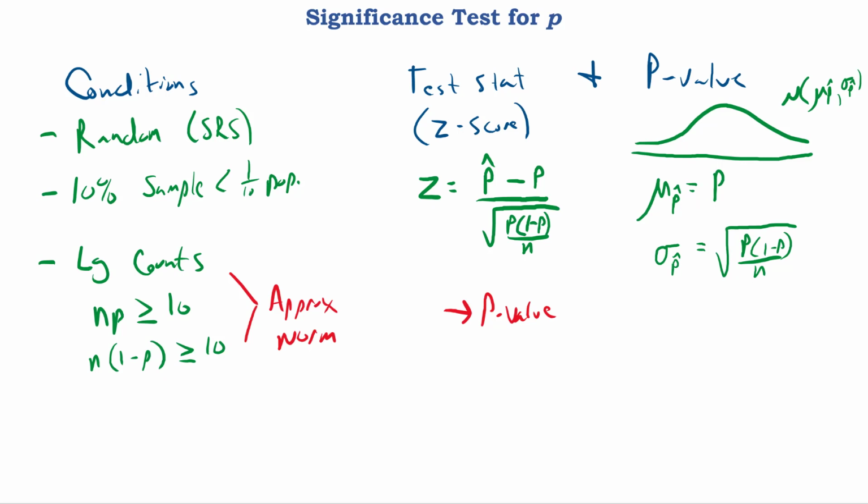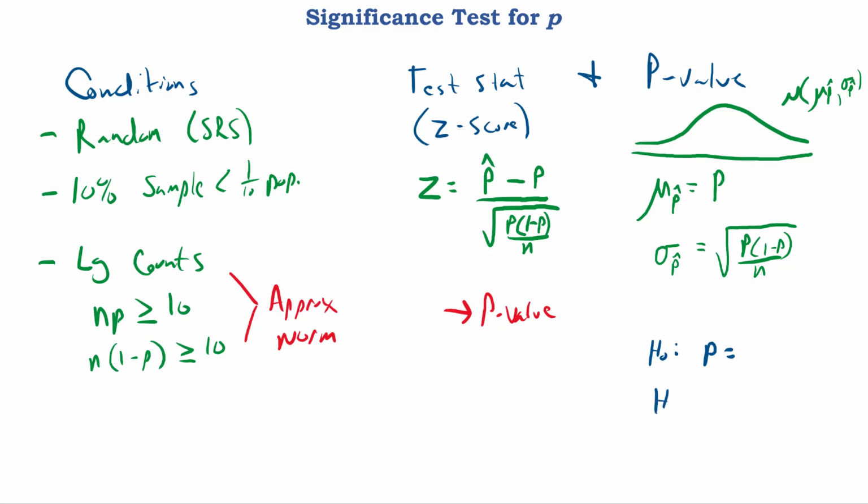Let's not forget too about our null hypothesis and our alternative hypothesis. Your null hypothesis is going to be that your proportion p is equal to whatever value is given in the problem.